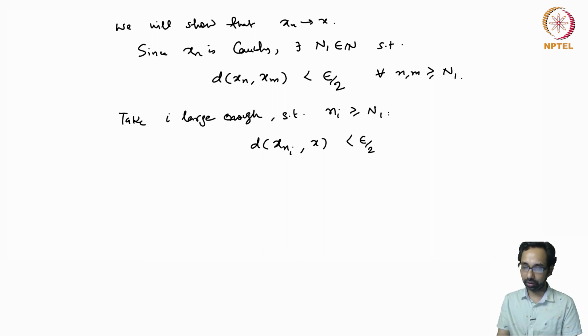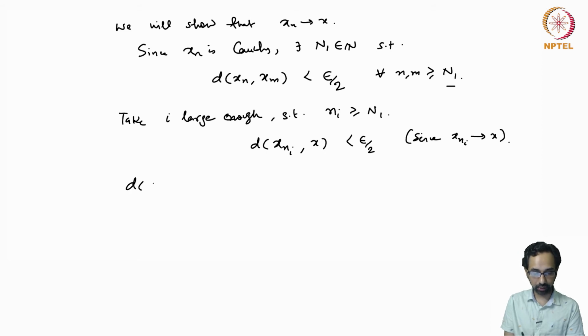So first of all, we choose n_i to be greater than or equal to n_1, and then we choose a larger n_i if required, so that the distance between x_{n_i} and x is less than epsilon by 2. And this is since x_{n_i} converges to x. So we can choose such things.